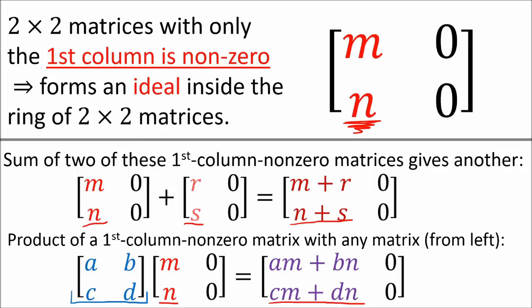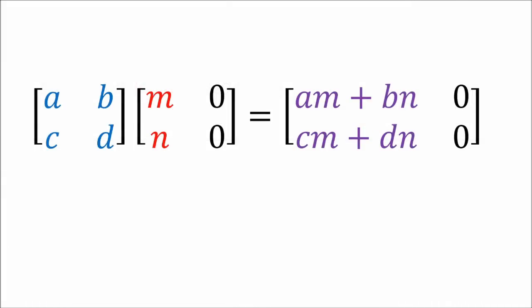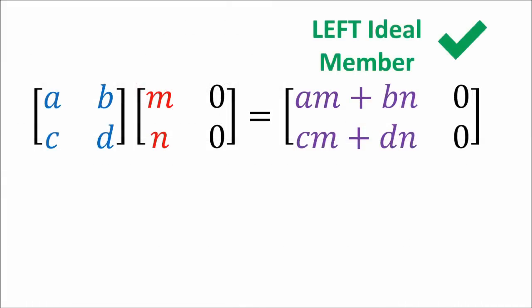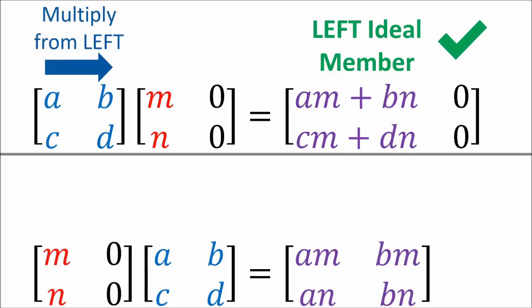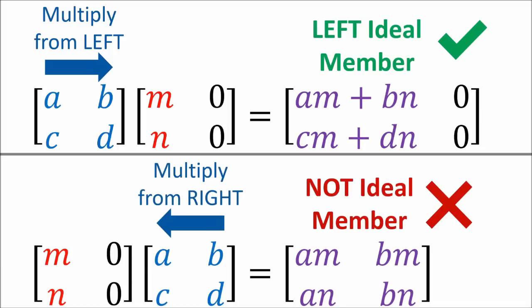So these matrices form an ideal. Note that this multiplication trick only works if the general 2x2 matrix is multiplied from the left. It doesn't work if the matrix is multiplied from the right. For this reason, we call this subset a left ideal, since the multiplication property is only satisfied if multiplication is done from the left.